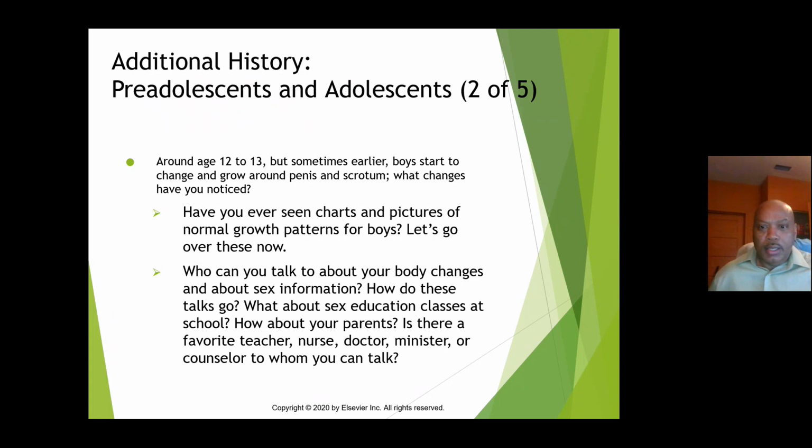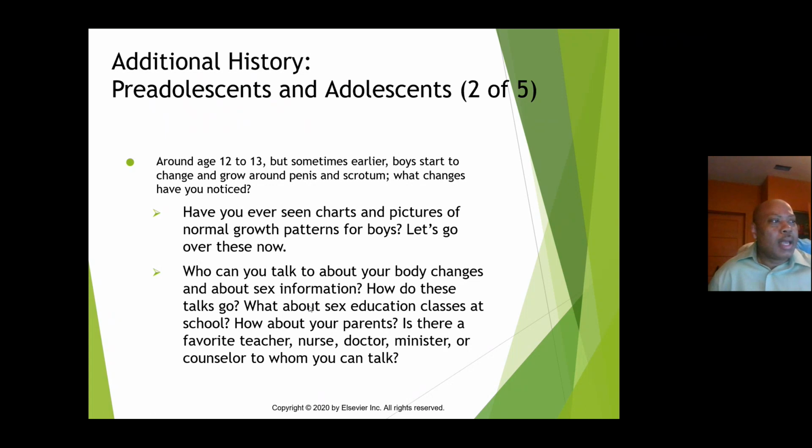Continuing with pre-adolescents and adolescents. Around the age of 12 to 13, and sometimes earlier, boys will start to change and grow around the penis and also the scrotum. We want to know what changes have you noticed as we have this discussion with the child.